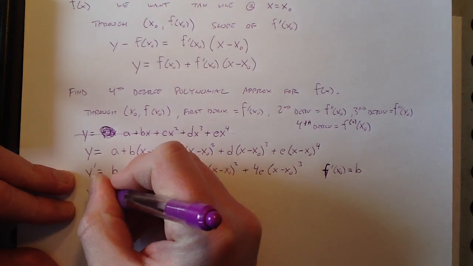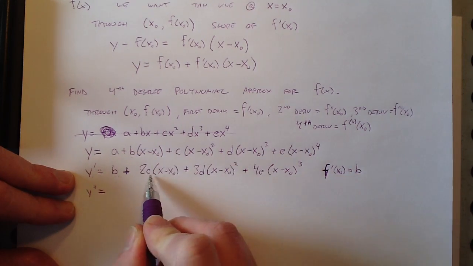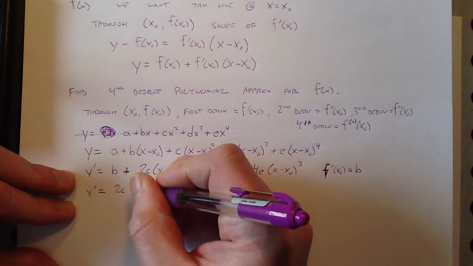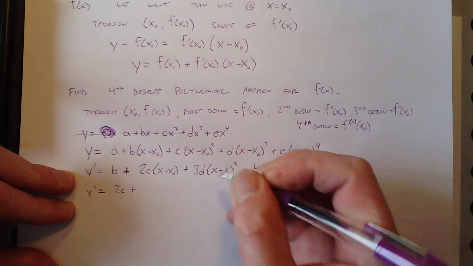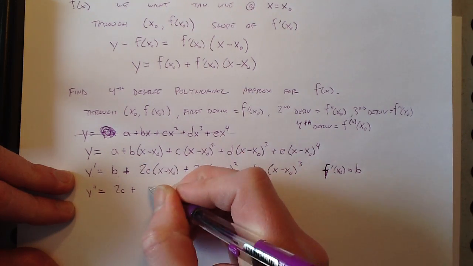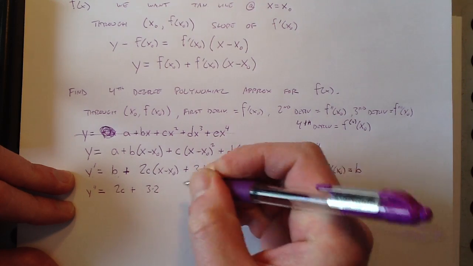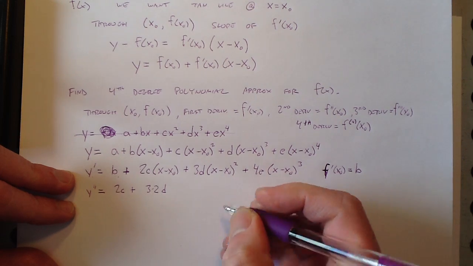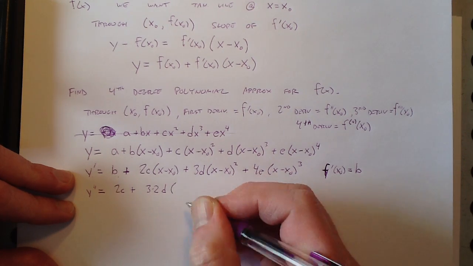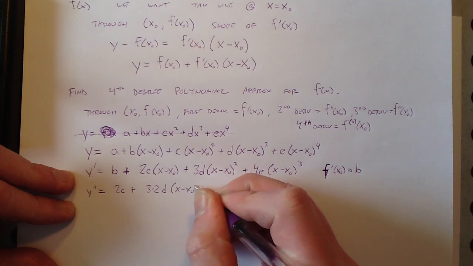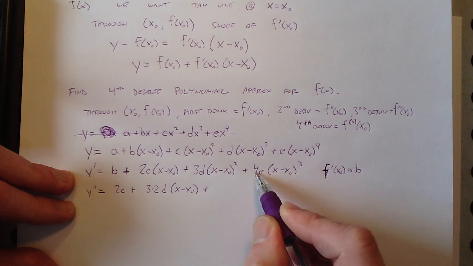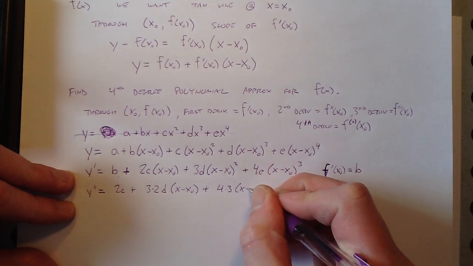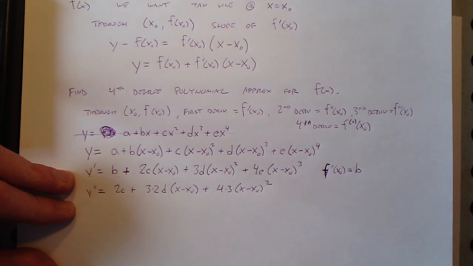Second derivative is equal to, that goes away, this turns into 2c plus 3 times 2 times d. You're saying, why didn't you write 6 there? Because I want to see those numbers. Times x minus x sub 0 to the first power. The derivative of this will be 4 times 3 times x minus x sub 0 to the second power.